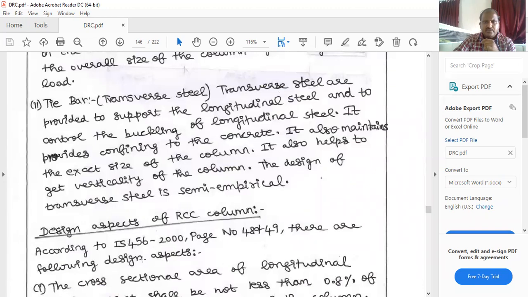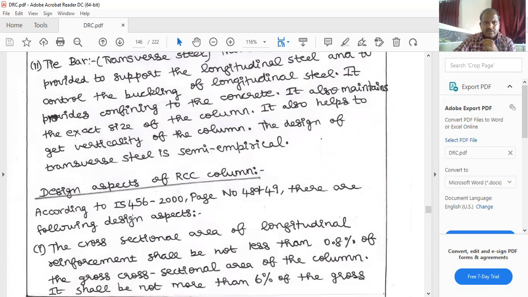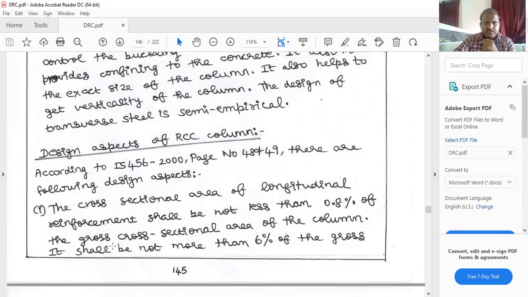Design aspects of the RCC column according to IS 456:2000 are as follows. The first one: the cross-sectional area of longitudinal reinforcement shall be not less than 0.8 percent of the gross cross-sectional area of the column.